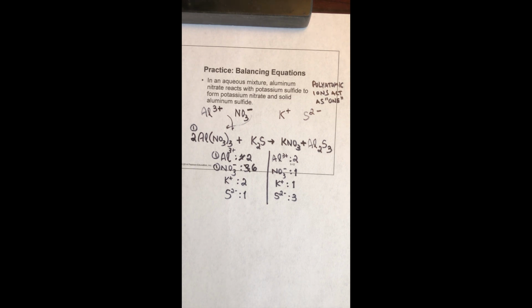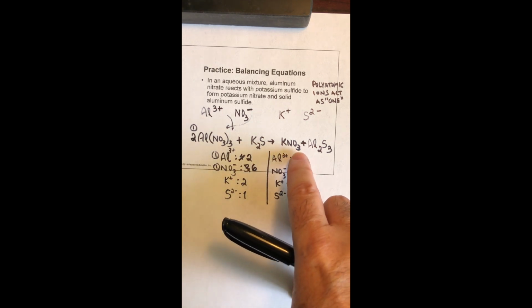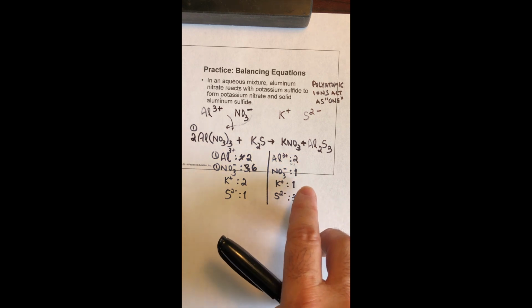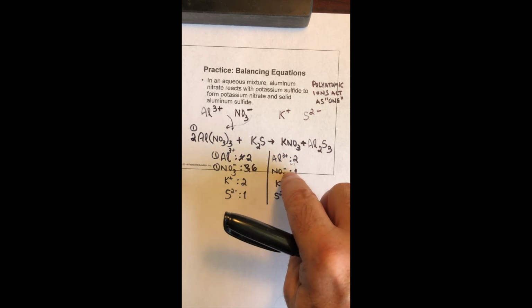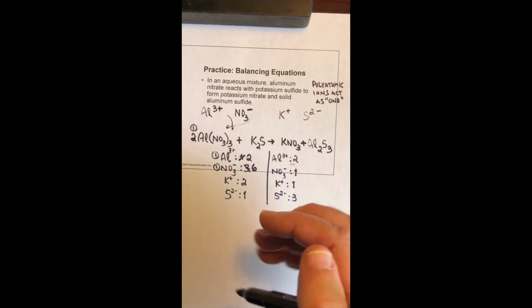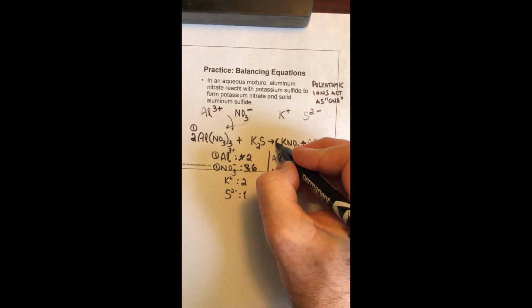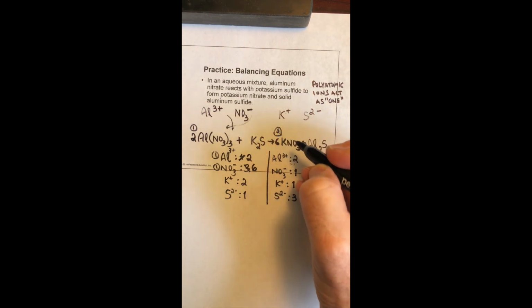So what I can do now is come back over here on this side and try to balance the nitrates. Let's try that. So I need 6 of them, which means that this won't work here. So let's go ahead and make this 6 here as step number 2.